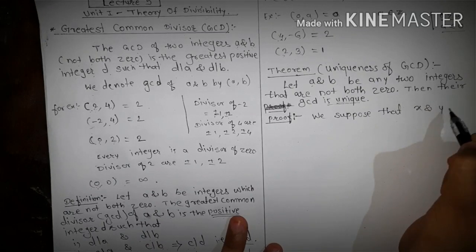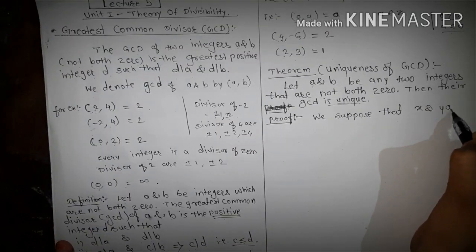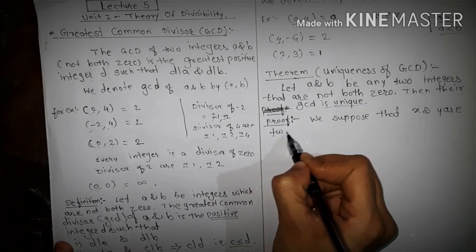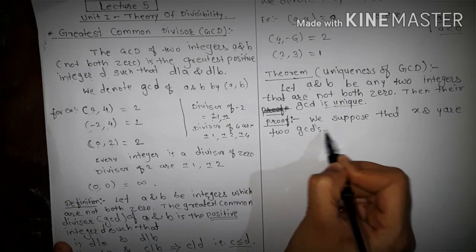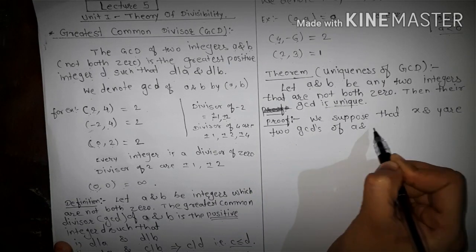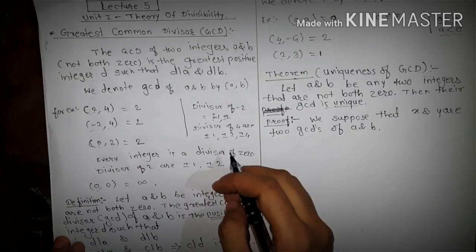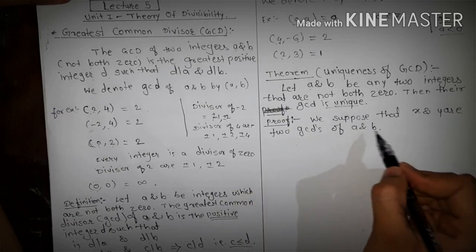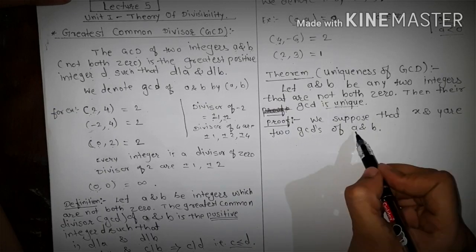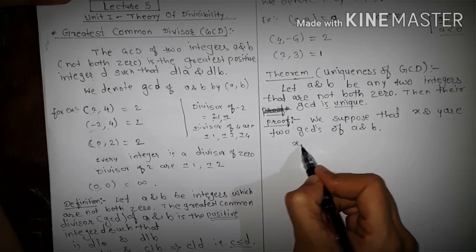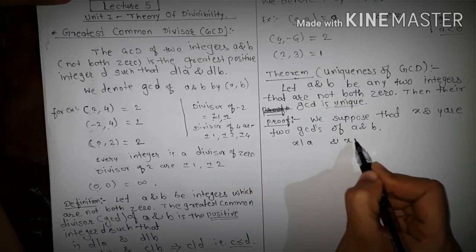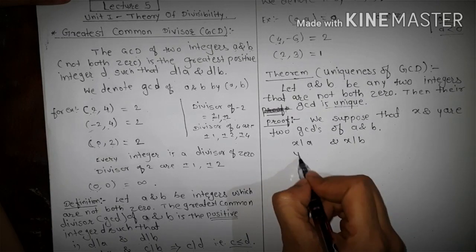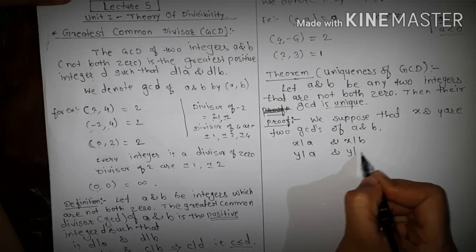So to prove that GCD is unique, we suppose that x and y are two GCDs of a and b. So by definition, x divides a and x divides b. y divides a and y divides b.